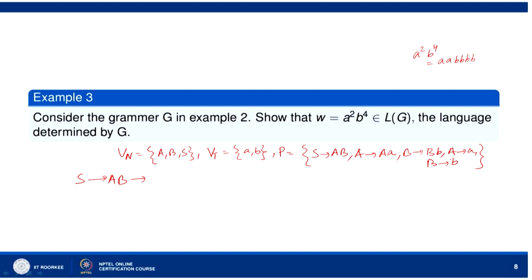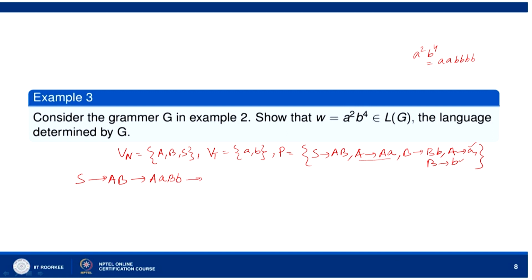If you simply write A goes to a, B goes to b, then AB will go to ab and we will not reach here. So, we cannot directly use A goes to a, B goes to b. What we should do? We should use A goes to aA, then we will write aA and B goes to bB.